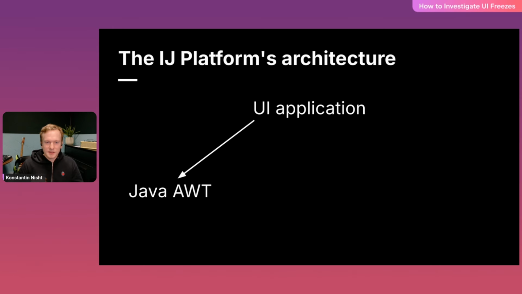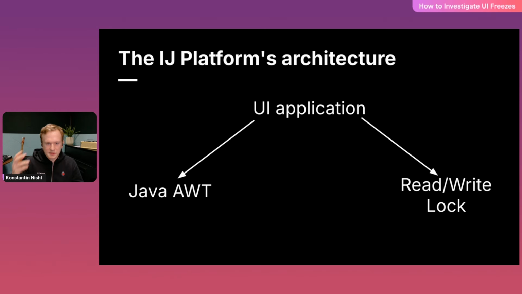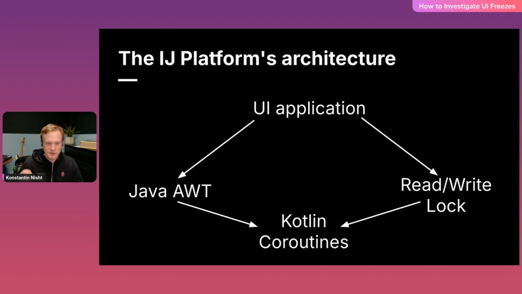And also, as a way to work with our model, kind of structures that contain data about users' code, we use read-write locks. Recently, for the last maybe 5 years, we started adopting Kotlin coroutines, which need to be integrated nicely into both these concepts.